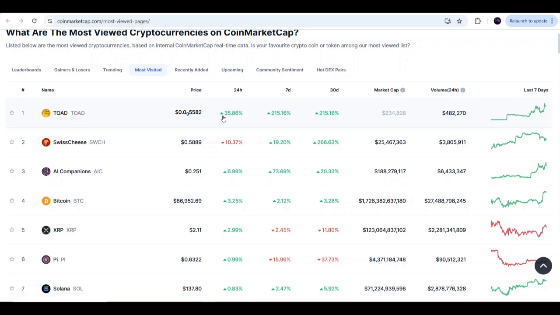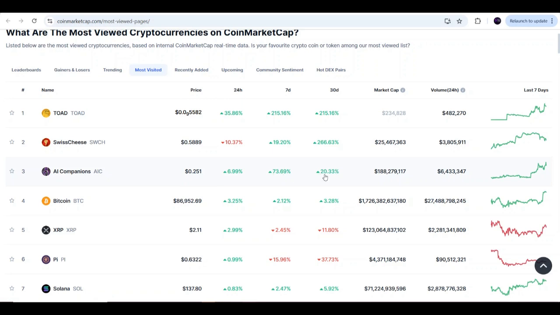For example, this TOAD coin: 24 hours 35%, 7 days 215, 30 days 215, market cap, volume, everything. Even the last 7 days the chart was positive, like this AAC coin. It also shows you all the details. So most visited is a great place to find good coins and build a watch list.